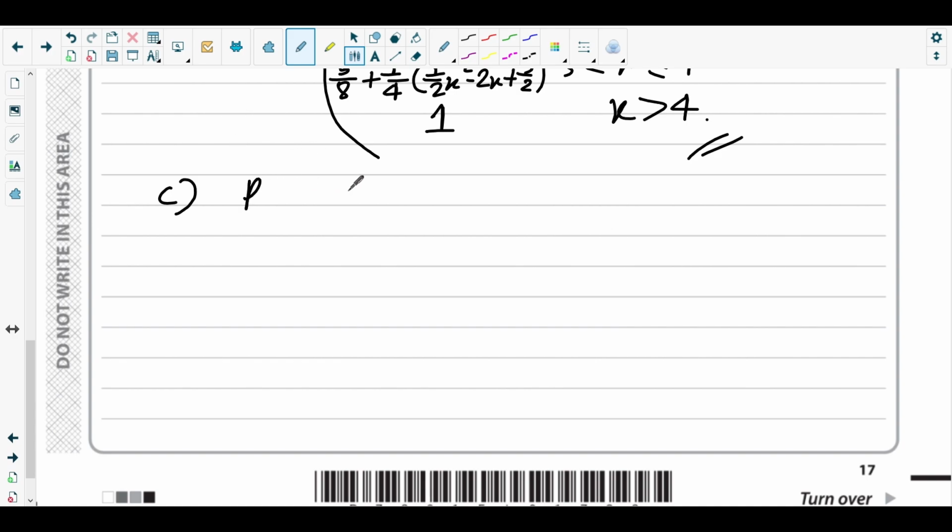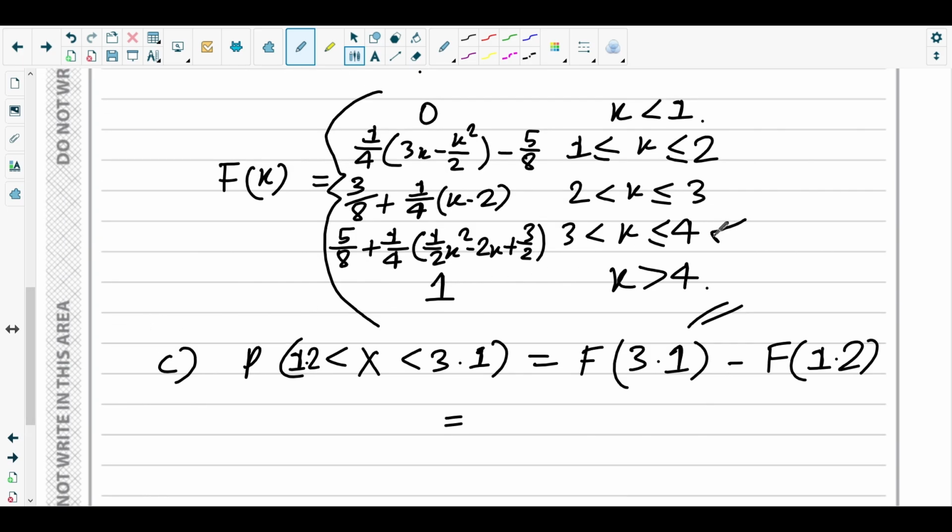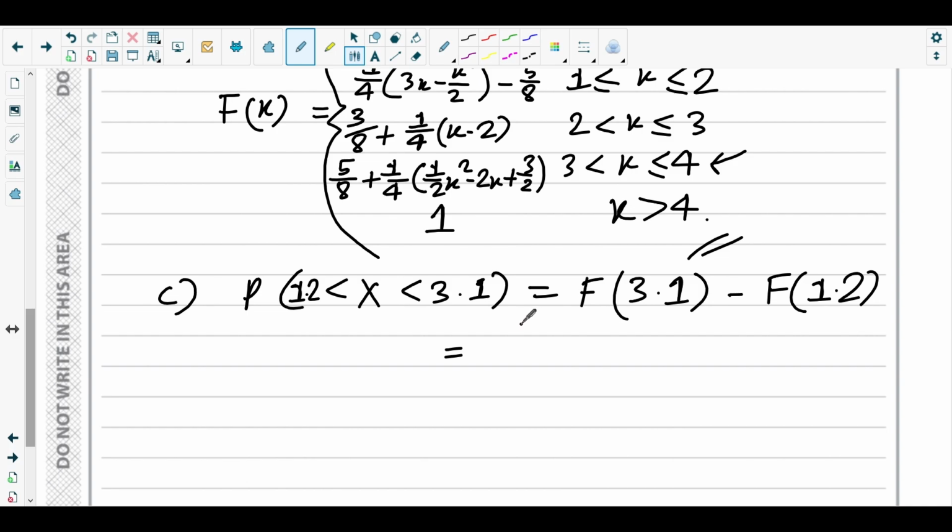So for part C, we have to find the probability of x greater than 1.2 and less than 3.1. For that, from the cumulative probability of 3.1 we will subtract the cumulative probability of 1.2. So what's the cumulative probability of 3.1? Just consider this equation: 5/8 plus 1/4 times (half of x squared minus twice x plus 3/2).